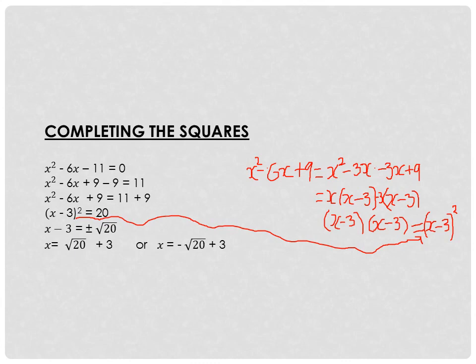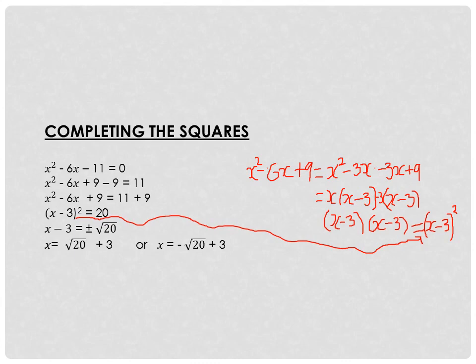So we are going to have (x minus 3) in a bracket, which equals (x minus 3) in a bracket to the power 2, as you can see there. Now the negative 9 will move to the right and become positive, and we are going to have 11 plus 9, which is 20.